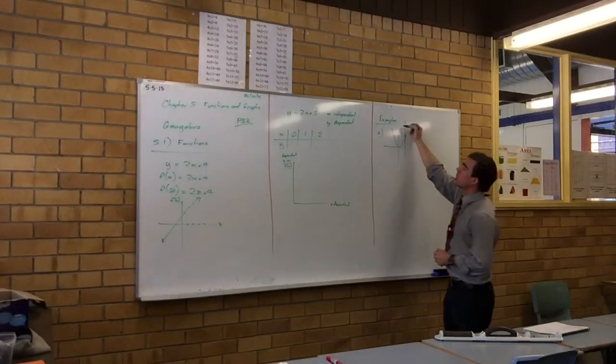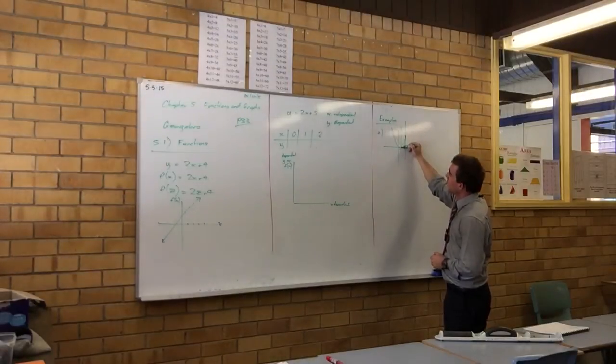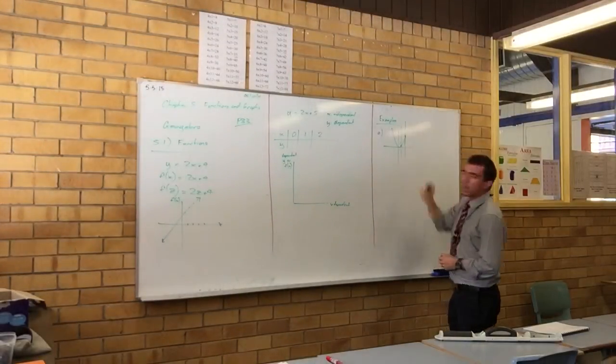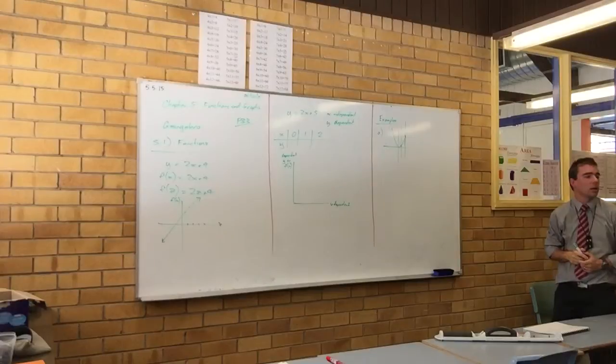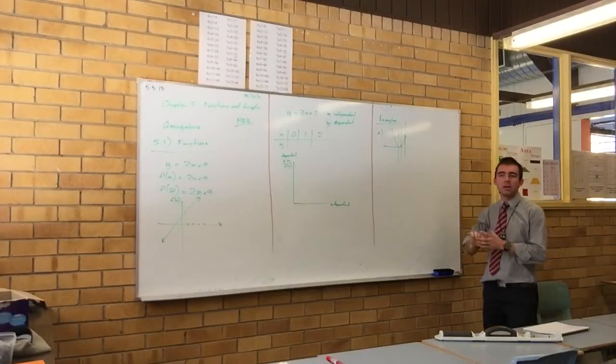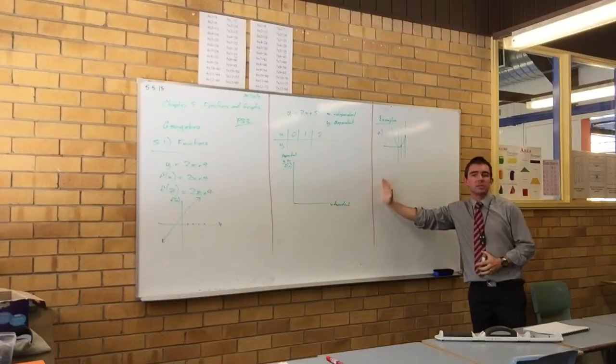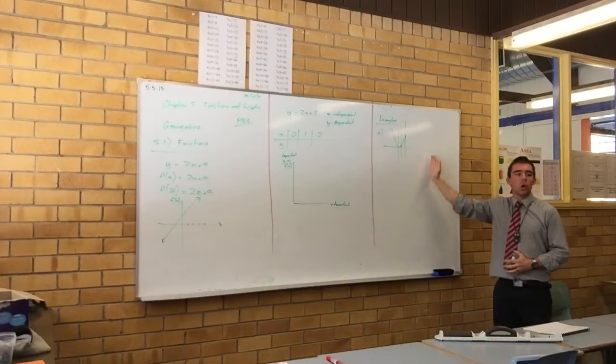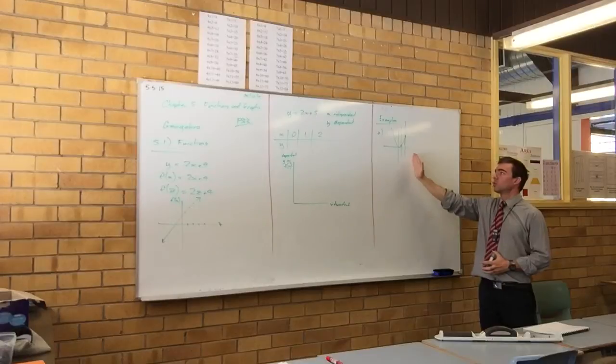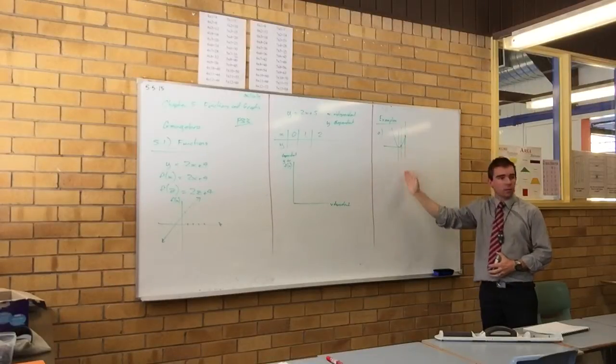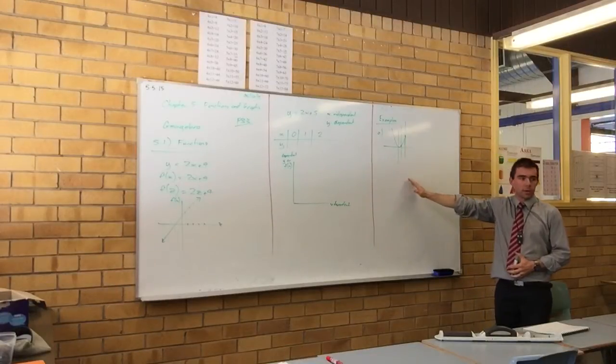If I move the vertical line here, again, it only cuts the graph at one point. So anywhere along the domain, going along the x-axis, that I put a vertical line, it will only cut the graph at one point.